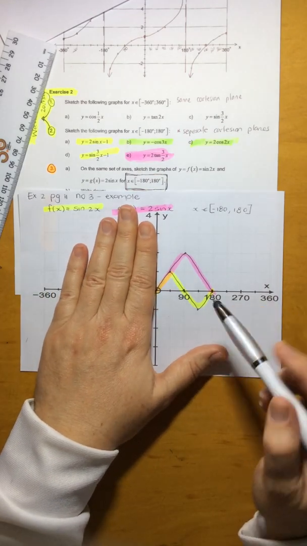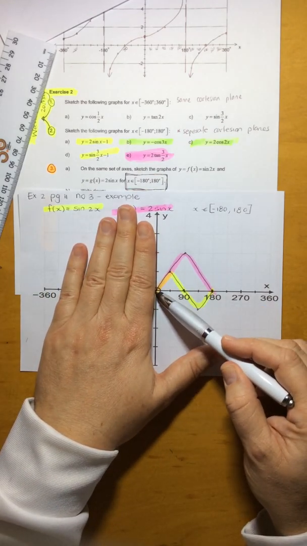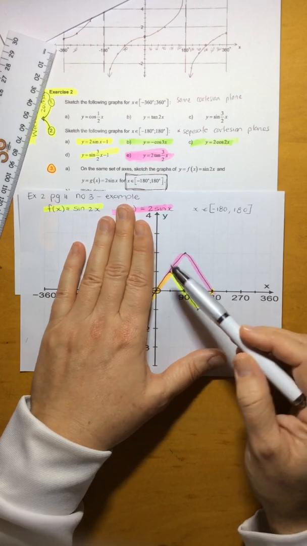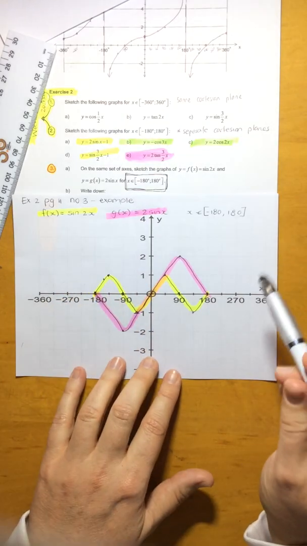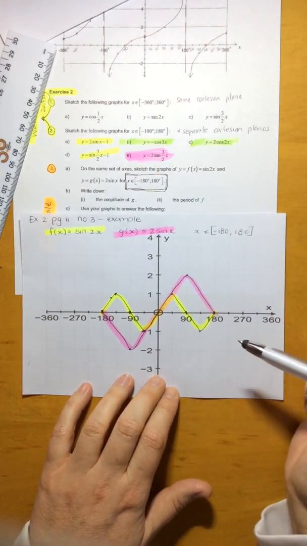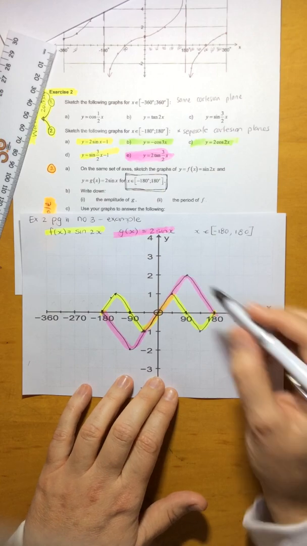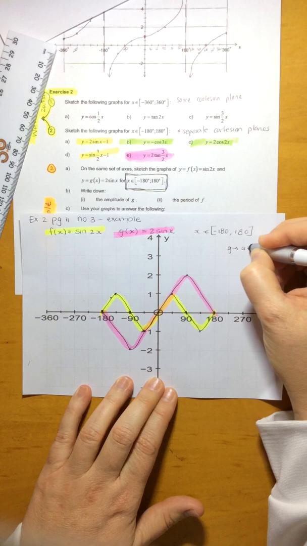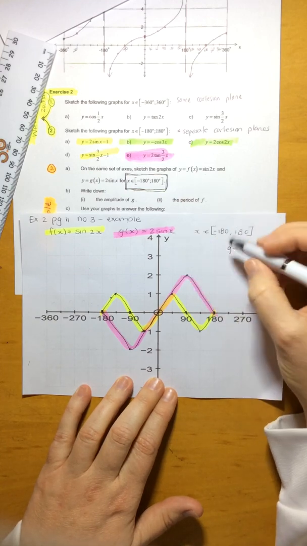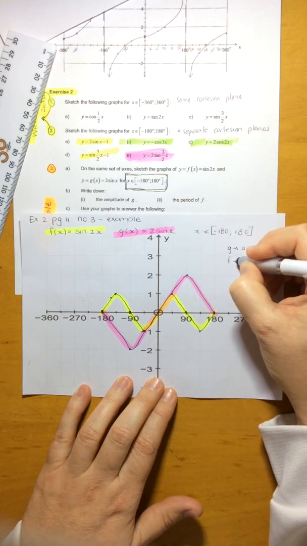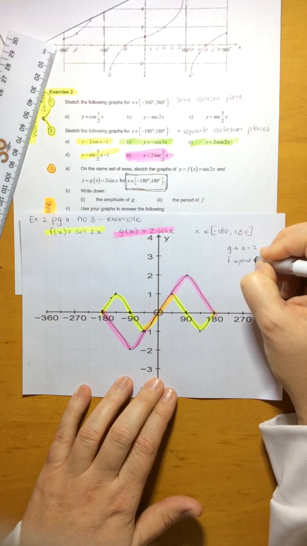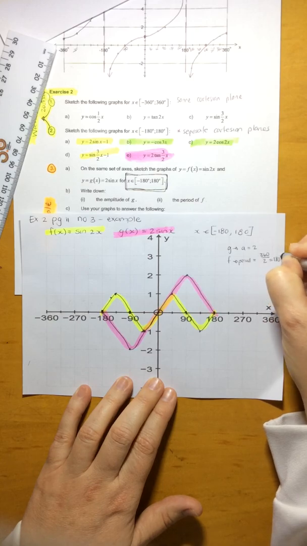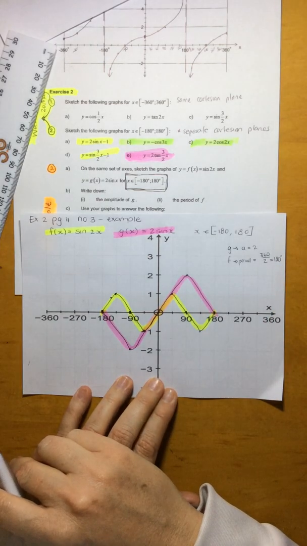Remember, when you start drawing, draw it from the 0 so that you go your positive and your positive, and then do the negative side. Okay. So B, they ask you, write down the amplitude of G. The amplitude of G has a value of 2. What is the period of F? Well, the period, the B value has changed. So 360 divided by 2 is 180 degrees.